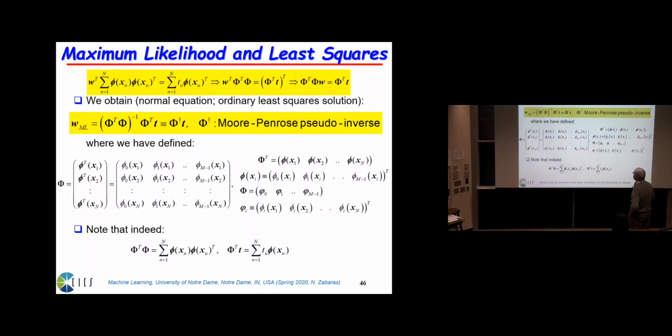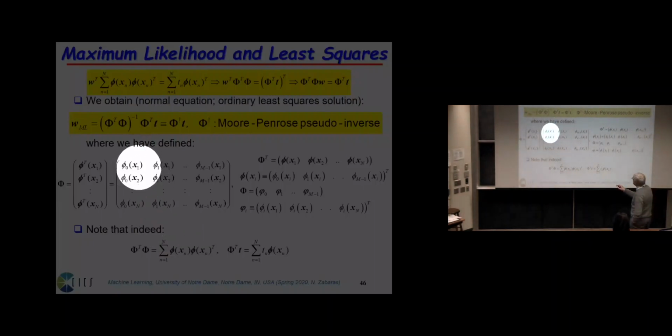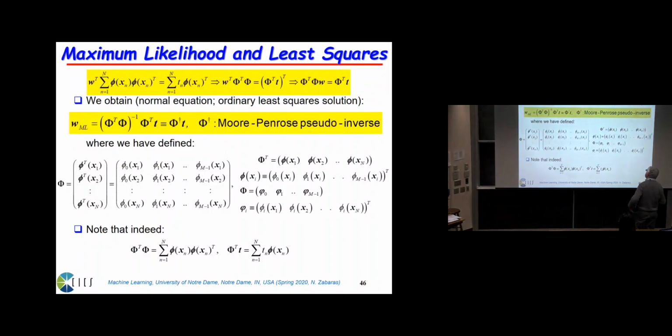Okay? So each row is a data point, and each column is one basis function. There is merit in looking at this equation in terms of rows corresponding to each data point, but it's also of interest to see each column as one basis function evaluated at all the data points.